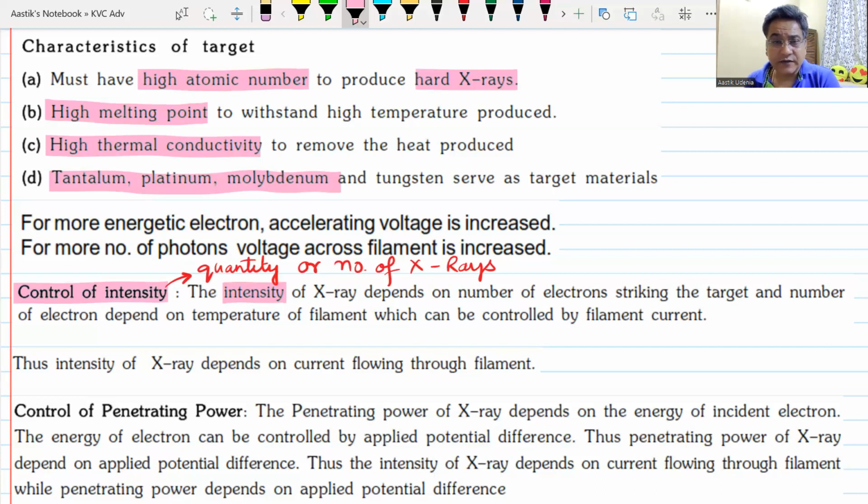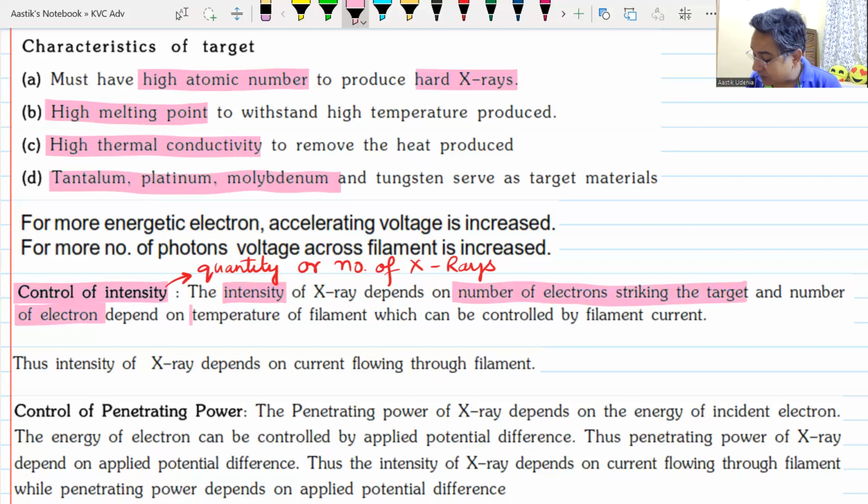Here, whenever we are talking about the intensity of X-rays, we are talking about the number of X-rays that are produced, the quantity of X-ray that is produced. Now, the quantity of X-rays depends on how many electrons are striking the target.